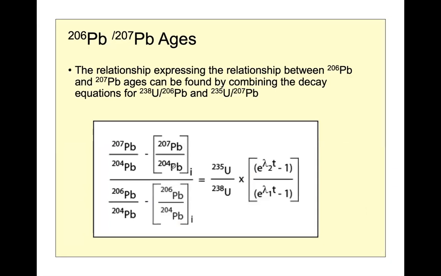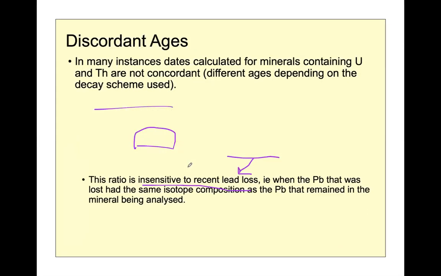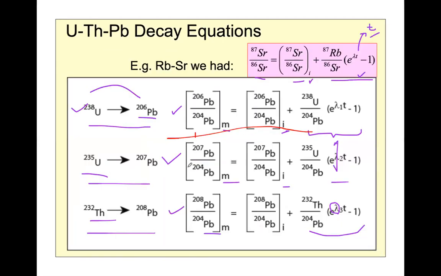Okay, so here you can see the 207/204 equation. First, you take this term, 207 lead, to the left side.